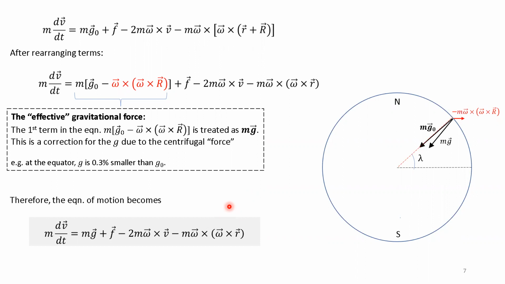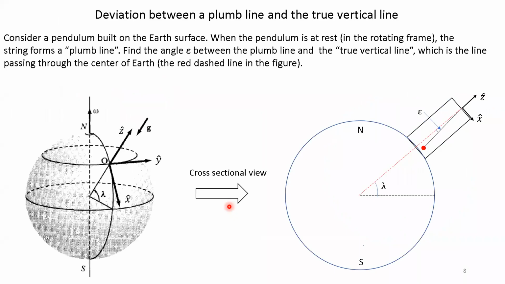Actually, suppose I have a pendulum like this. I'm not considering a pendulum that is swinging. I'm just considering a setup where you have a building and a pendulum that is just at rest.